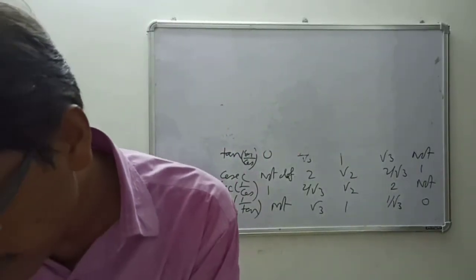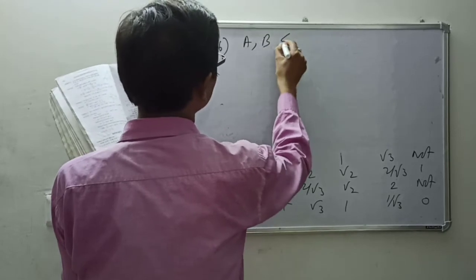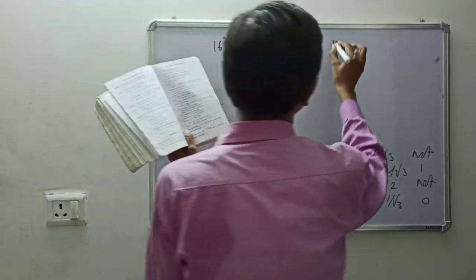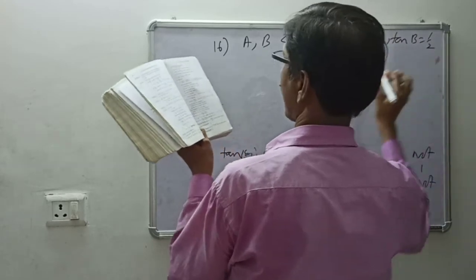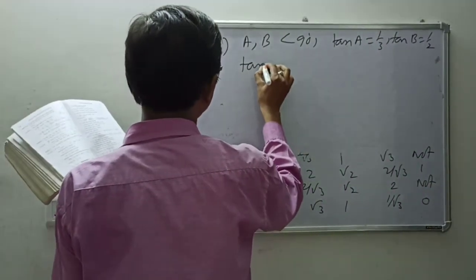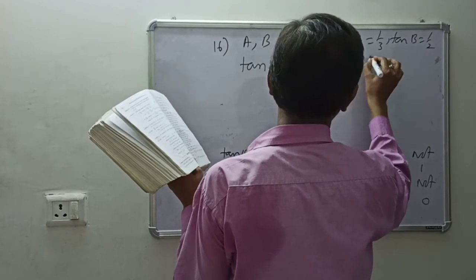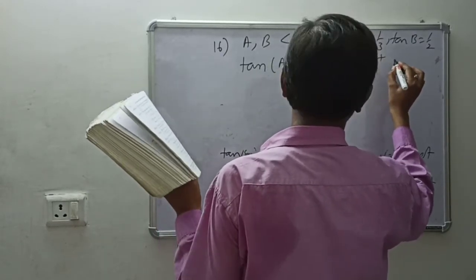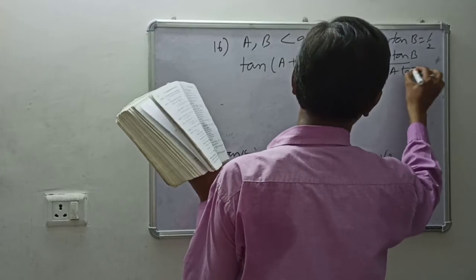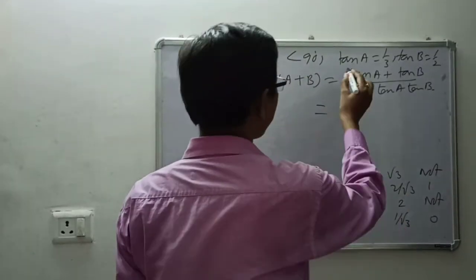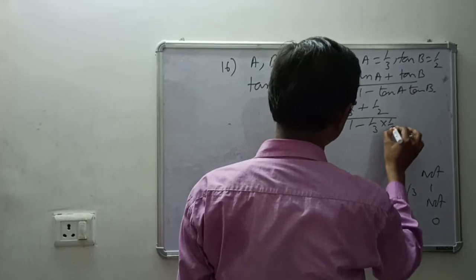One question, suppose question number 16: if A and B are acute, meaning less than 90 degrees, such that tan A equal to 1 by 3, tan B equal to 1 by 2, and the formula we have is tan of A plus B is equal to tan A plus tan B by 1 minus tan A tan B. Tan A equal to 1 by 3 plus tan B 1 by 2, over 1 minus 1 by 3 into 1 by 2.